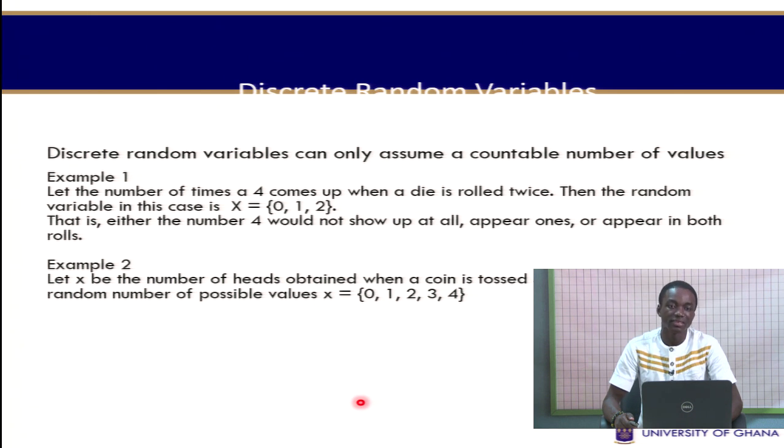So x can be 0, x can be 1, or x can be 2. This is a discrete random variable. Also, the number of heads that are obtained when a coin is tossed 4 times can also be a discrete random variable that will range from 0 to 4.